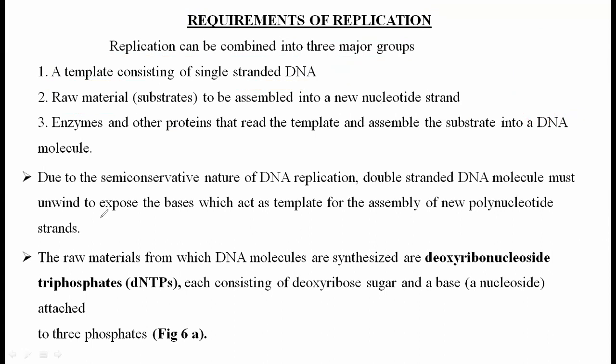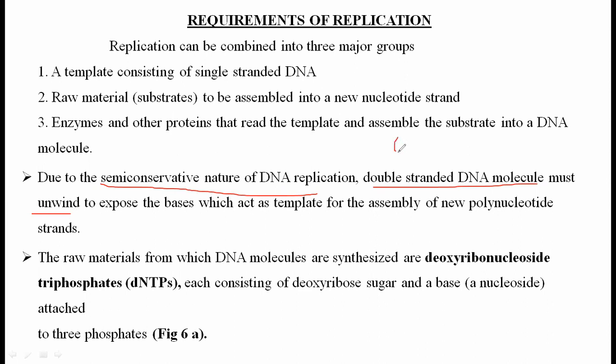Now, what happens actually? As we know, the DNA is a double-stranded structure. And you also know that it is semi-conservative in nature, right? So for replication, the double-stranded DNA molecule has to unwind itself first.